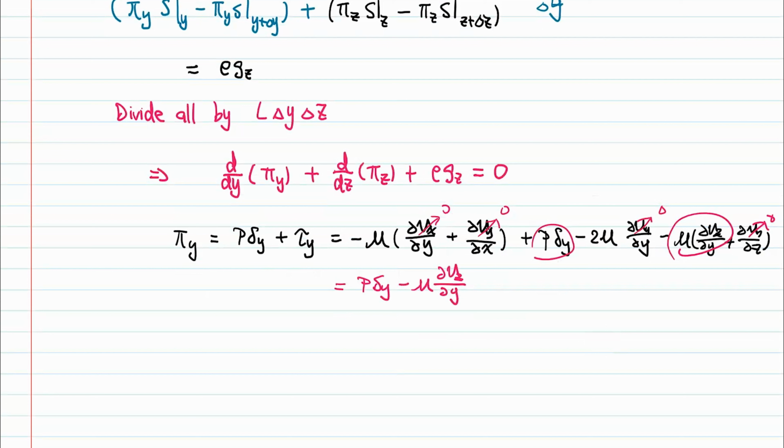We're going to do the same analysis for the stress tensor in the z direction. You get P delta z plus rho gz, equals P delta z minus mu partial Vz partial z.